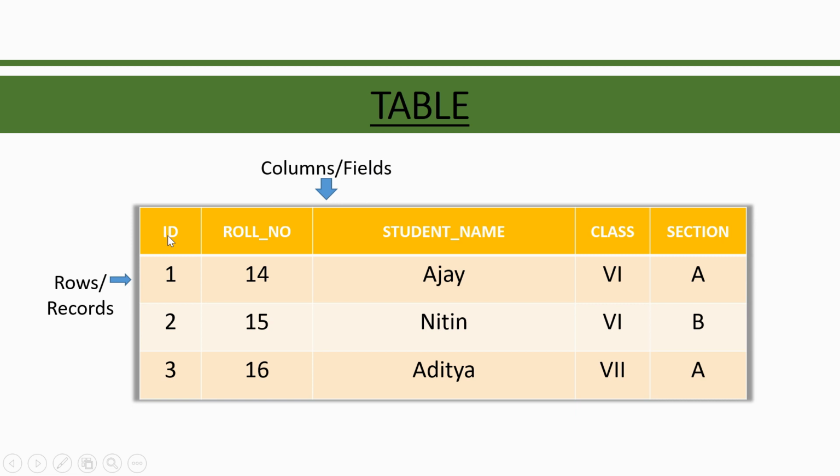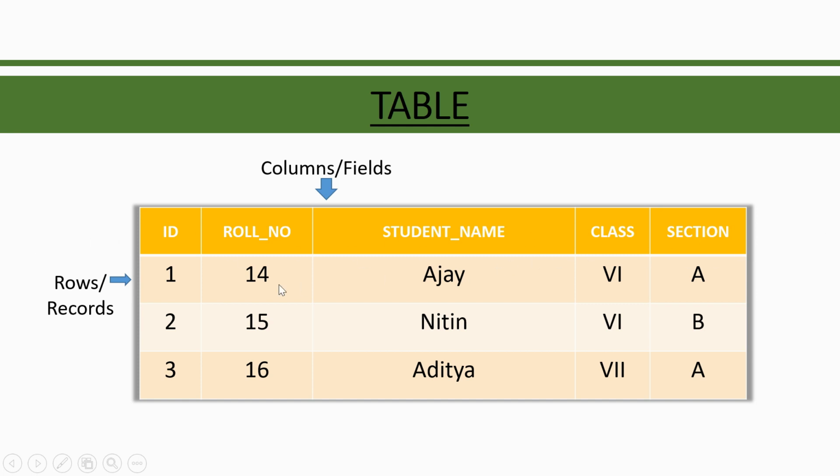So ID means it's a kind of unique number that every record will have. We are going to come to this. Then this is the roll number, this is the student name, and this is the class. It is telling you what exactly this data means. This data indicates that it's a class, and this particular data indicates that it's a section. So that's the work of the fields.